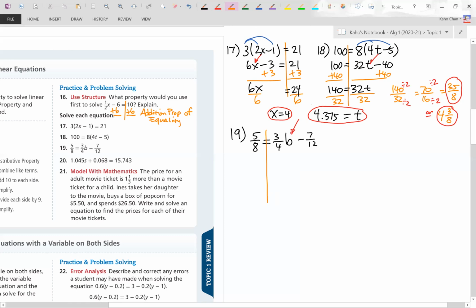That is to multiply by the least common denominator. In this case, the denominators are 8, 4, and 12. The smallest number through which all three of those numbers can divide into is 12 itself. So we're going to do that. We're going to multiply everything by 12. 12 here and 12 there.